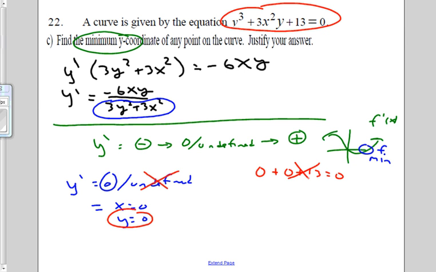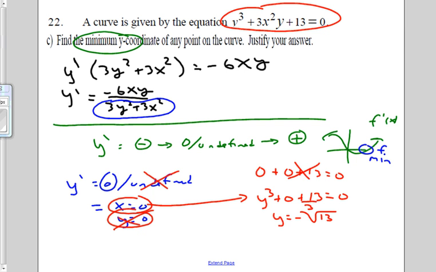We know that can't happen. If you plug x equals 0 into the original equation, we get y cubed plus 0 plus 13 equals 0, or y equals negative the cube root of 13. So our possible point here is this point, that this is our minimum. But we need to first prove that when x equals 0, it is in fact a minimum.